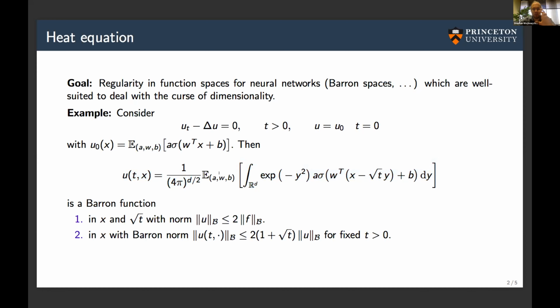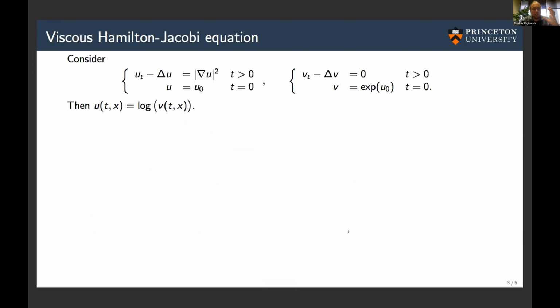Because everything's linear, we pull the expectation out, and we see that this function is in a specific space for these kind of infinitely wide networks, which is a Barron space. And it's a Barron function in x and square root t because of parabolic scaling. And it is a Barron function in x only, but the Barron norm may grow with time. So this is very much linear and everything is explicit.